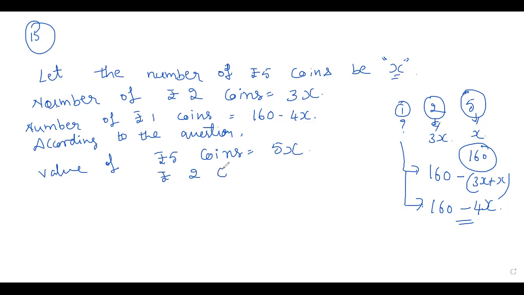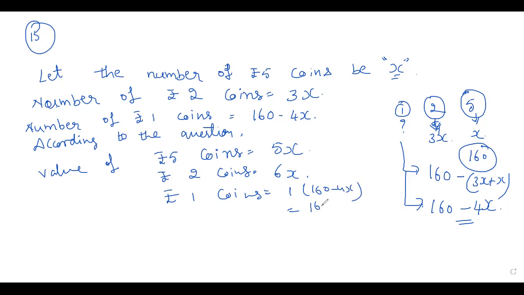2 rupee coins. So that is 2 into 3x. That is 6x. 1 rupee coins, that is 1 into 160 minus 4x.